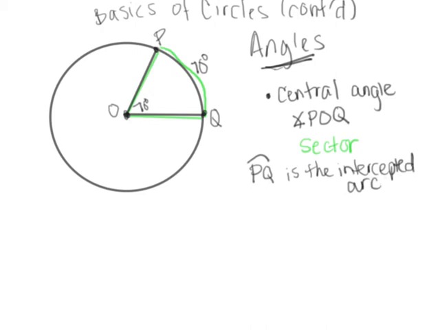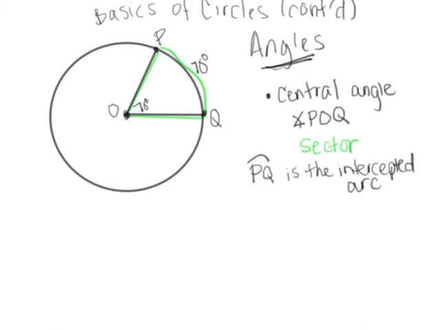All right, it's the arc that meets that particular central angle. So an intercepted arc is a term that'll be very important to you in terms of being able to understand word problems and that kind of thing. So this intercepted arc to this central angle is arc PQ, and that whole area in there, if I were to shade in that whole green area, it would be called the sector.